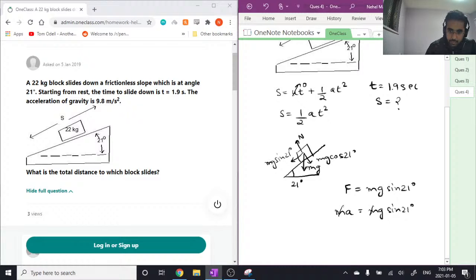The masses get cancelled out. We're left with a is equal to 9.8 times sine of 21 degrees, which is equal to 3.51. So we get 3.51 meters per second squared.